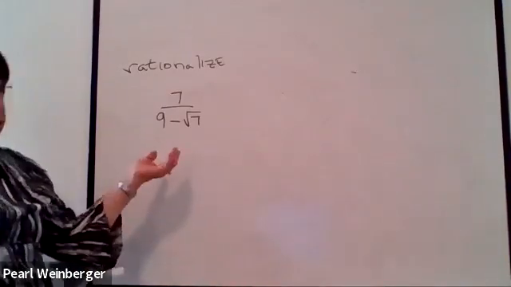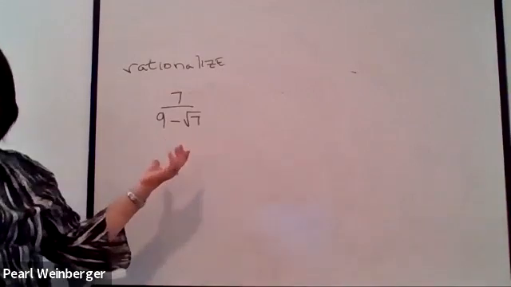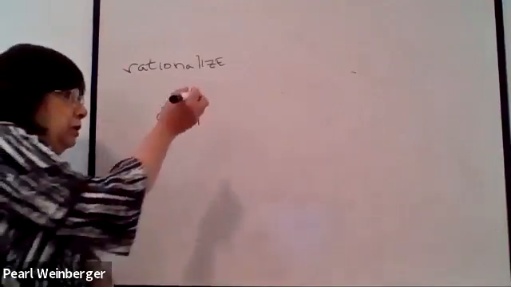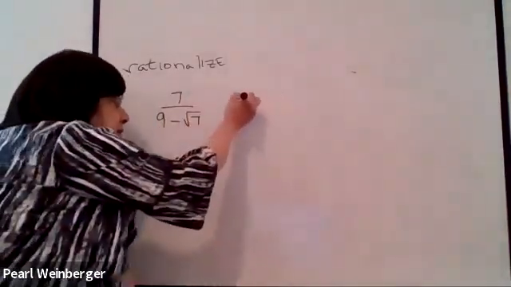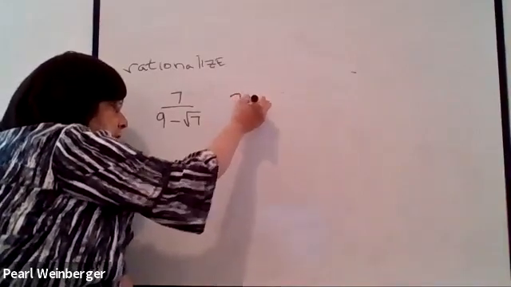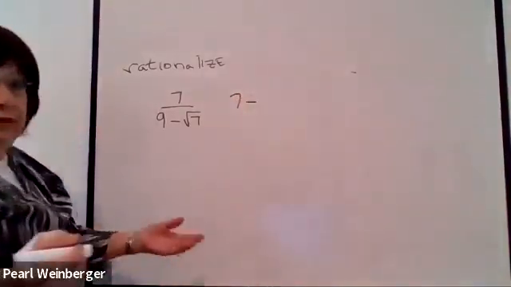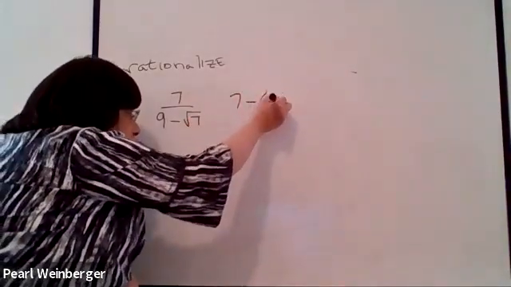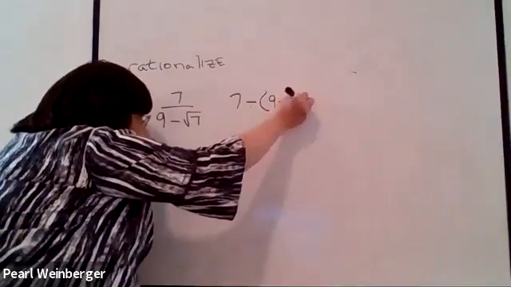And mind you, if you have a calculator with Math Print, you could put this in, but you would have to put in 7, then your division sign, or unless you have a fraction button on it, and then parentheses 9 minus radical 7.